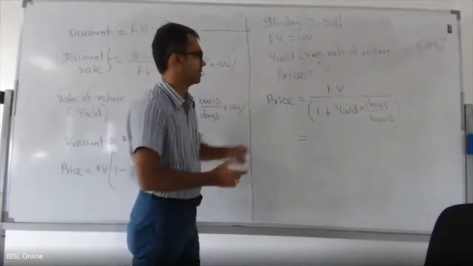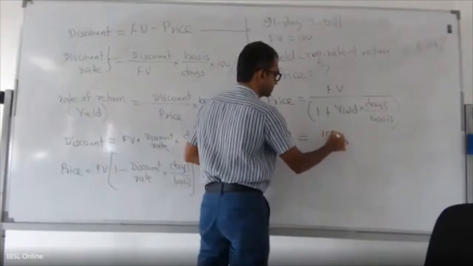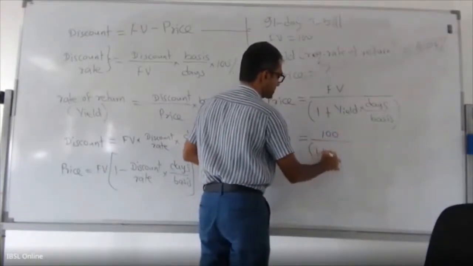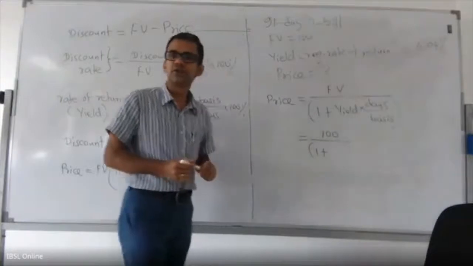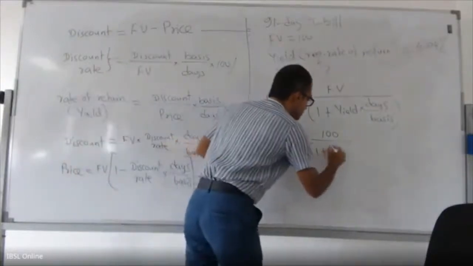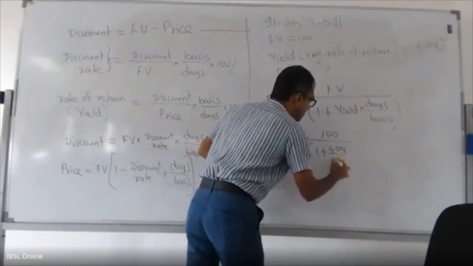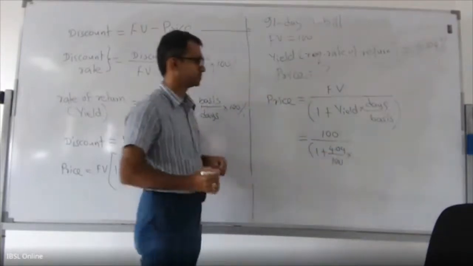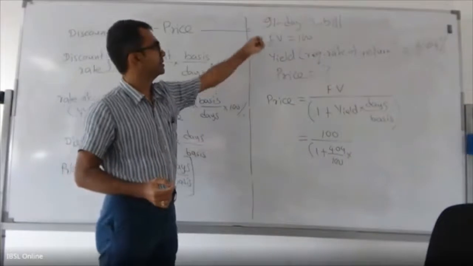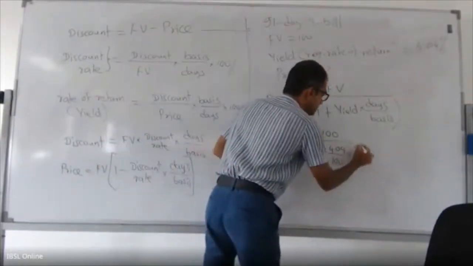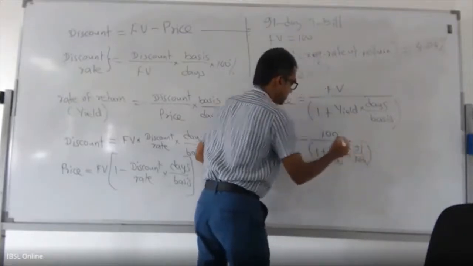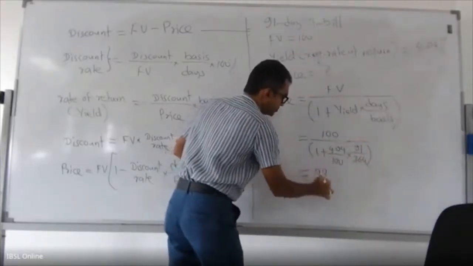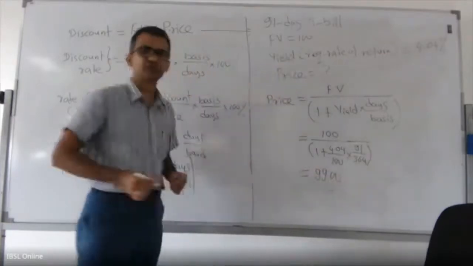Face value is 100. 1 plus, what is the yield? The rate of return you require, 4.04. So 4.04 divided by 100. Number of days, 91 days, divided by 360. You should get something close to almost 99.